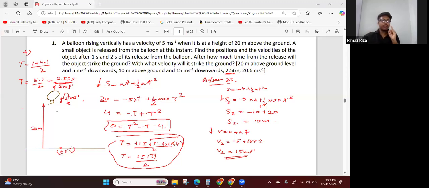So completing the square method is like this. 0 equals t squared minus t minus 4. So we write t minus half of this coefficient, 1 over 2, and then you square it and then subtract the square of this. 1 squared is 1, 2 squared is 4, and then we have another minus 4 term.